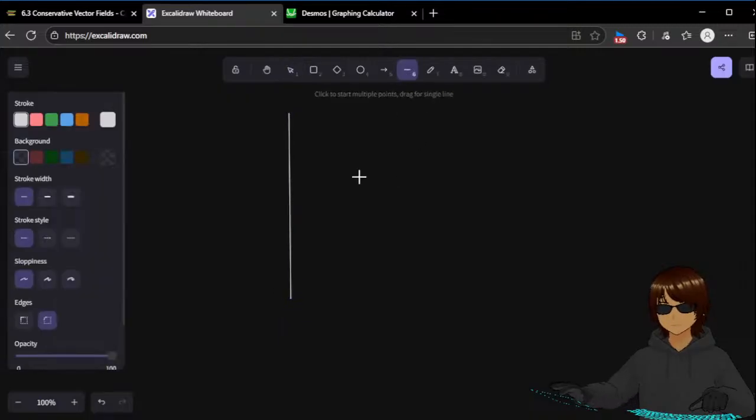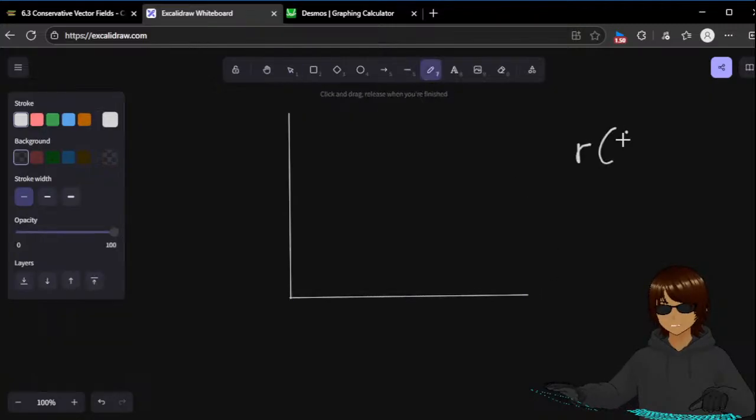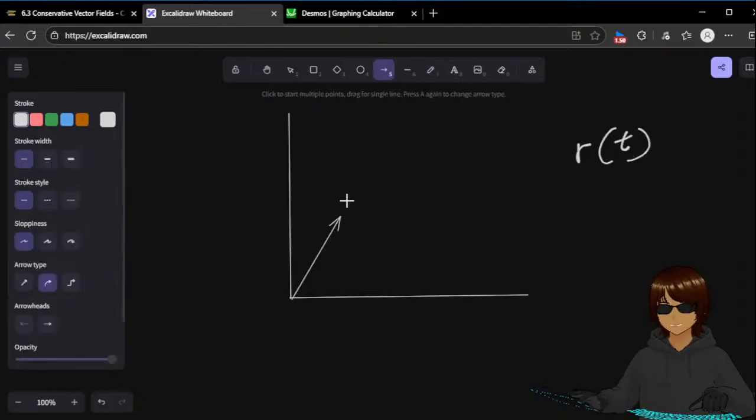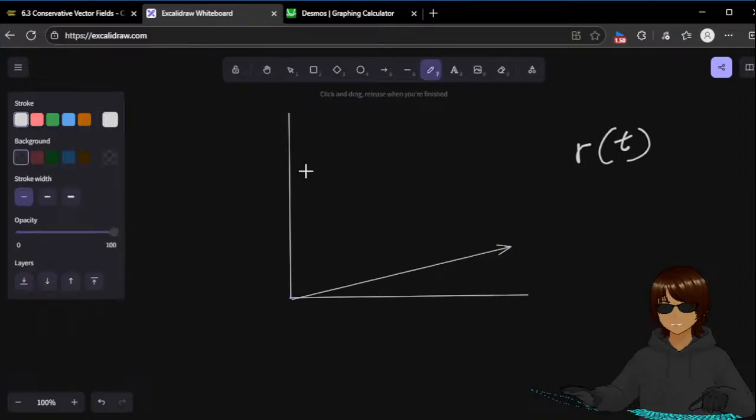So let's say we have a vector valued function r(t). r(t) gives a vector, and as t changes, the vector changes. So a vector valued function defines a particular path.